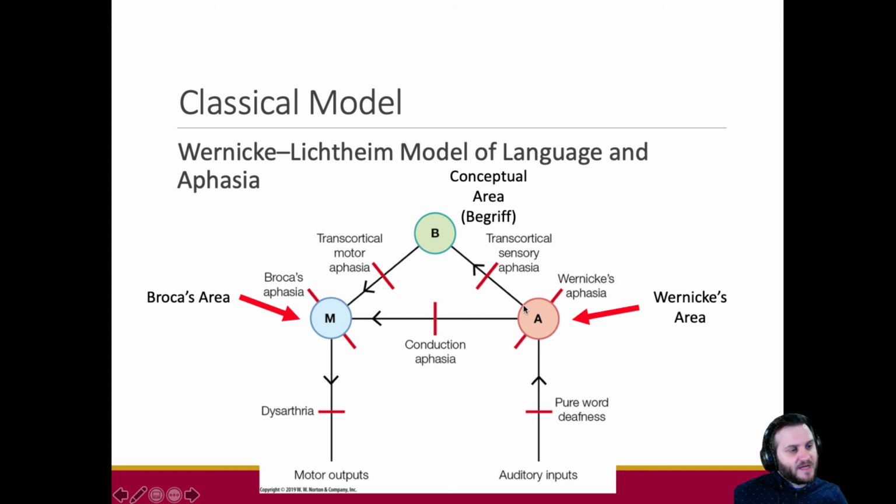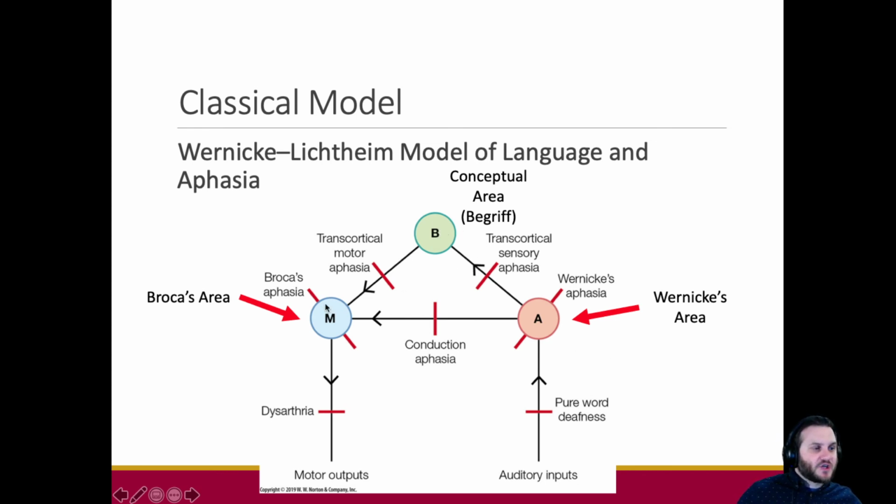So we have the auditory inputs, A, the motor outputs, M, or the motor area, M, auditory area, A, and then the conceptual area, angular gyrus, other connections along the arcuate fasciculus. They called it B, which stands for the German word for concept, Begriff.